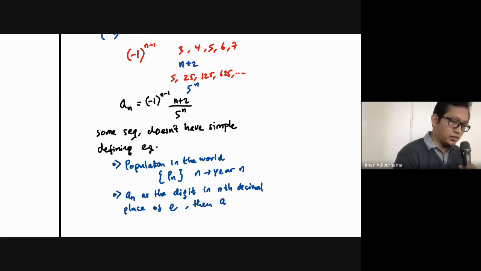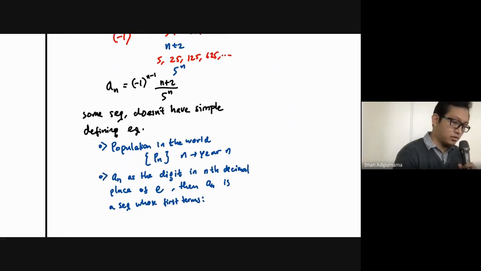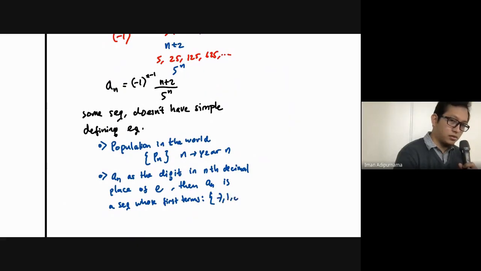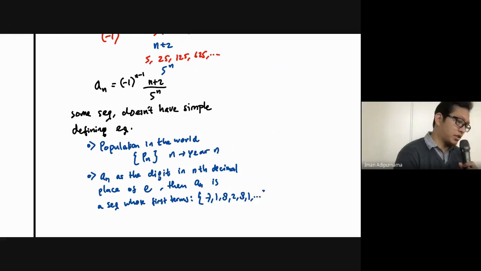Then a_n is a sequence whose first terms are given by the digits of e. We can say also this is a sequence, okay?